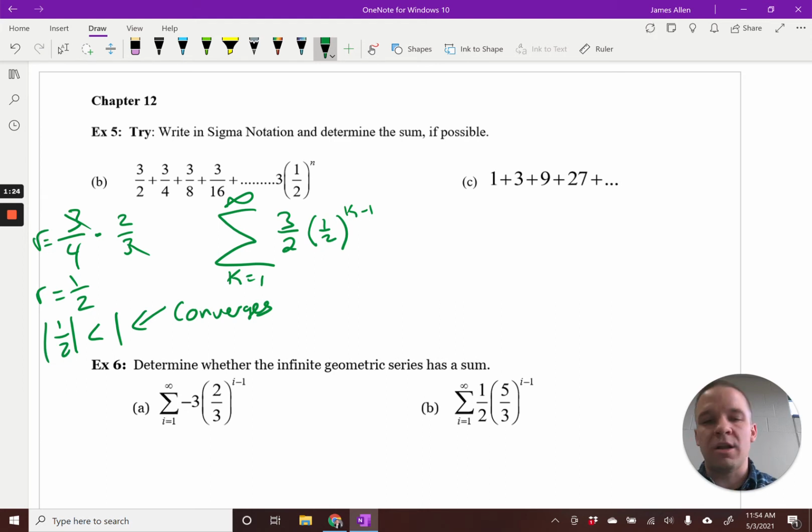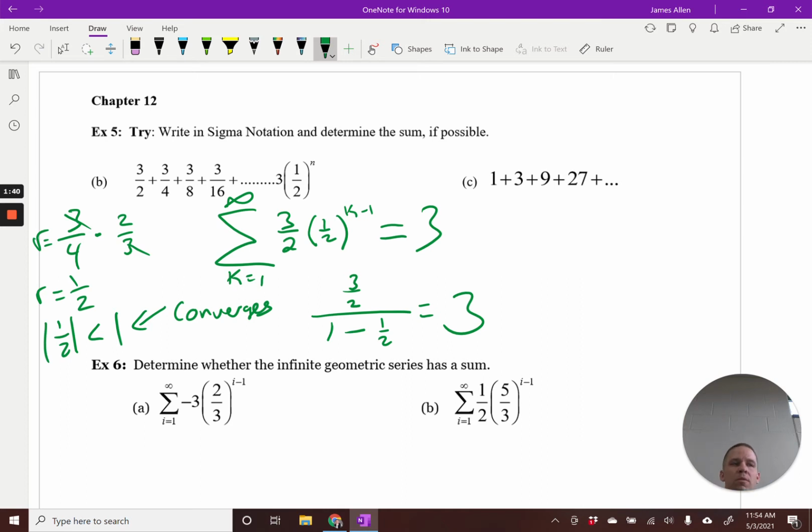And I can plug that all into my calculator, or I could take my first term, divide it by 1 minus my common ratio of 1/2. In any event, we're going to get 3 for either one. Okay? There we go. First one done.